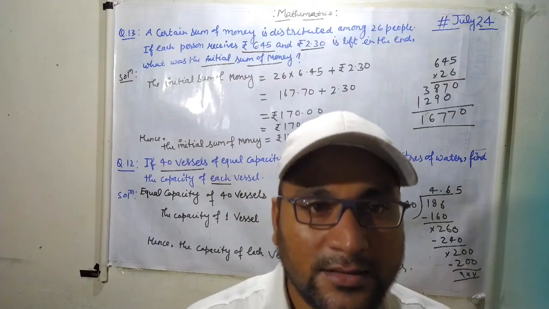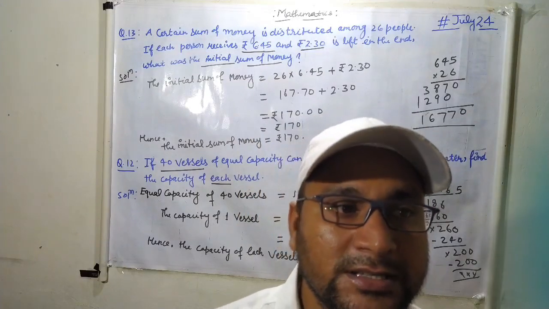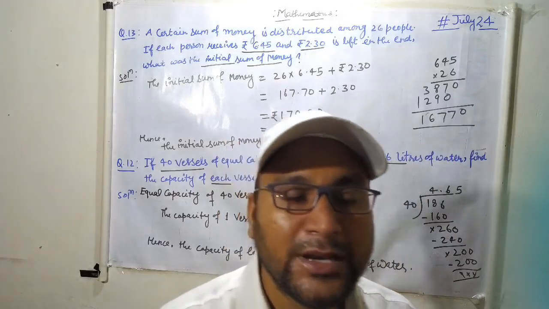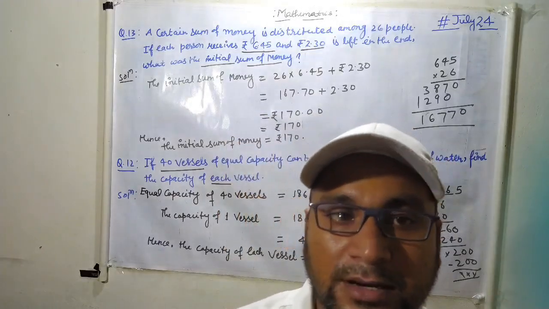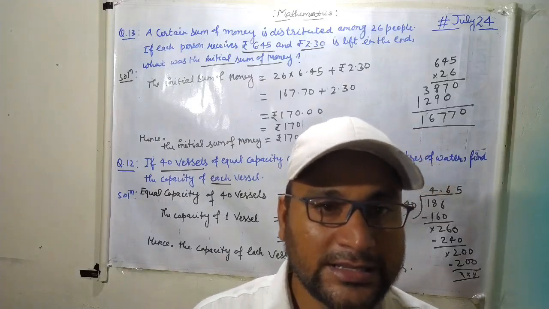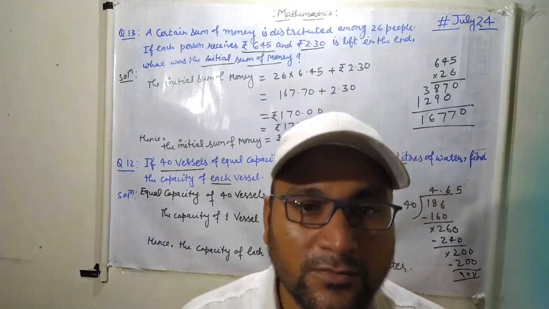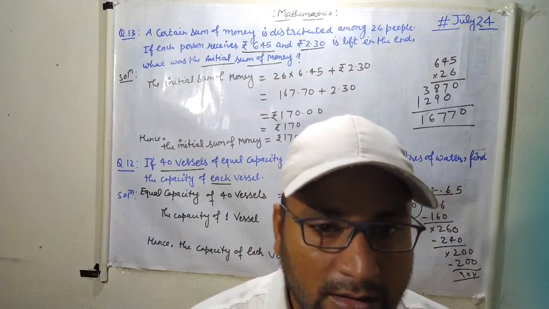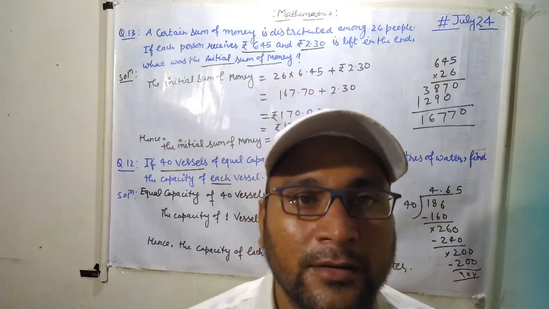In the next video we will discuss our next topic, terminating decimals and non-terminating decimals, and the exercise based on these two topics we will solve in that video also, okay. Thank you, students.